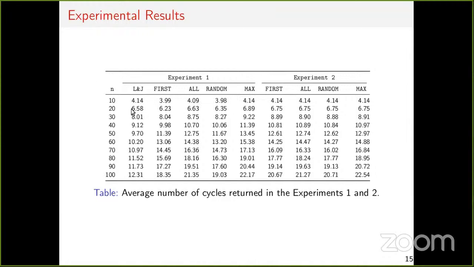For example, for instances of size 20, the Lin-Yang algorithm returned on average 6.558 cycles, and the other variations return solutions with fewer cycles on average. But when increasing the size of the instance, it always gets better.